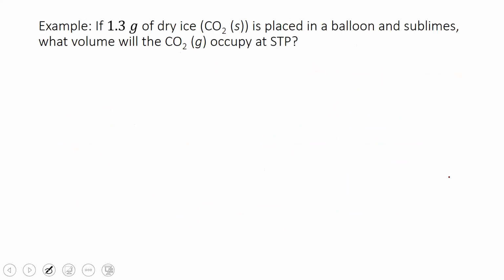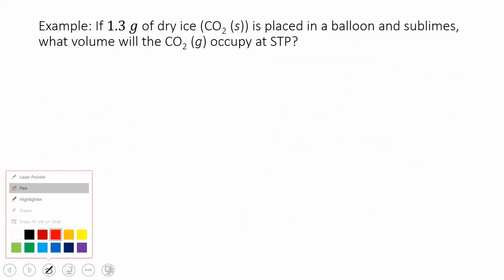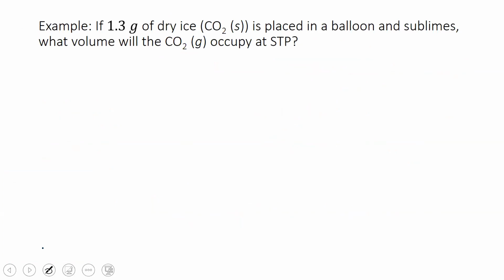All right. But we can now use our understanding of stoichiometry from more than just the PV equals nRT standpoint. We can apply things that we know from the past. So for our next example, we can look at 1.3 grams of dry ice. If you put it in a balloon, remember a balloon is a flexible container, so it's going to expand until the pressure inside and outside the container are the same.